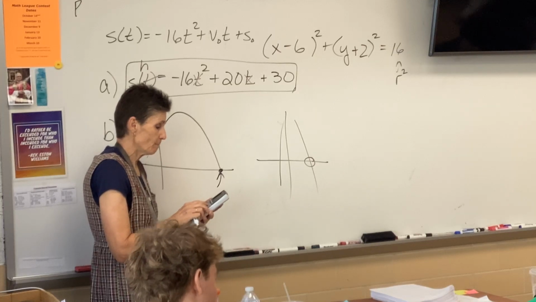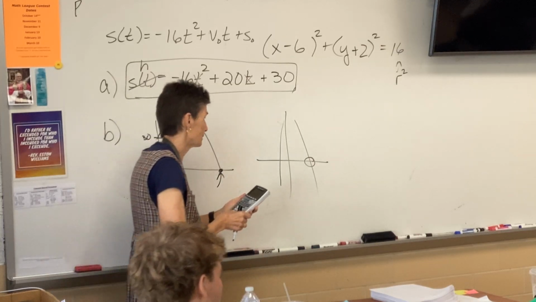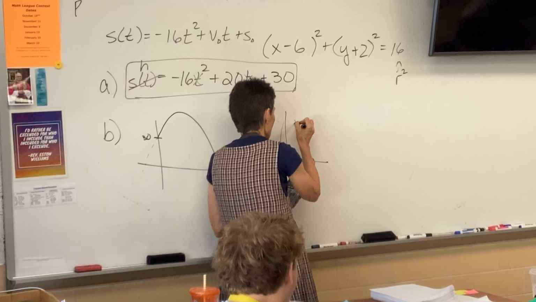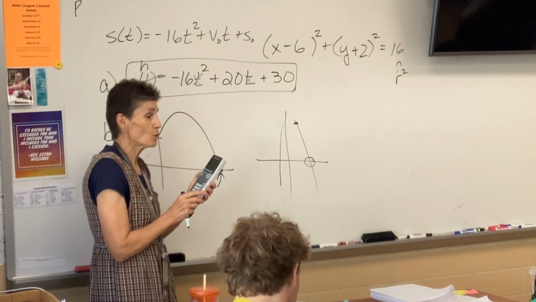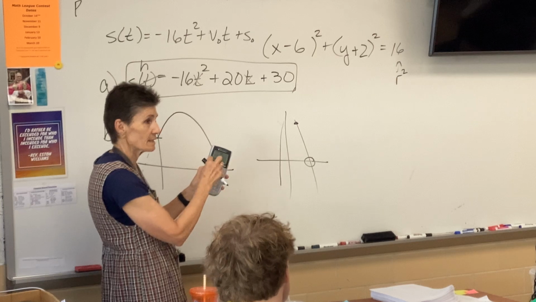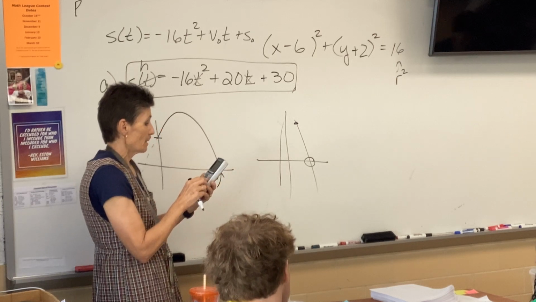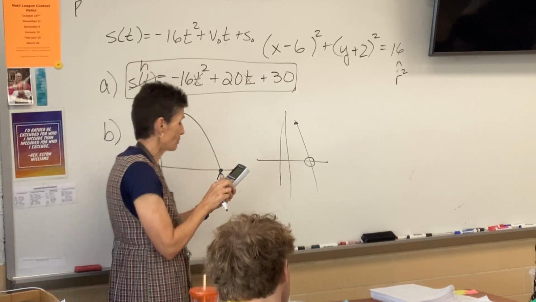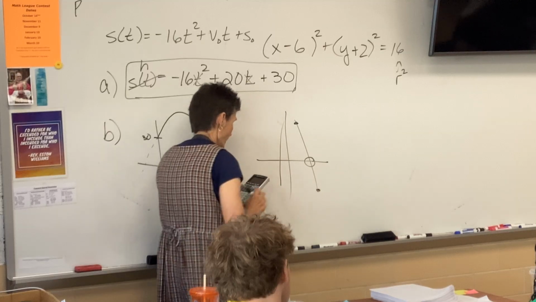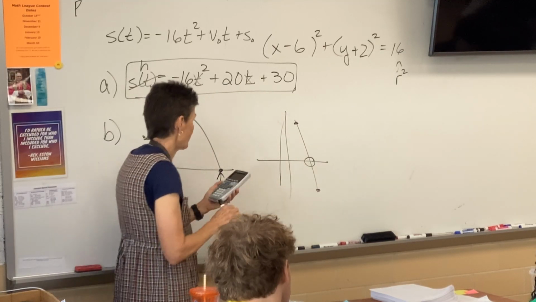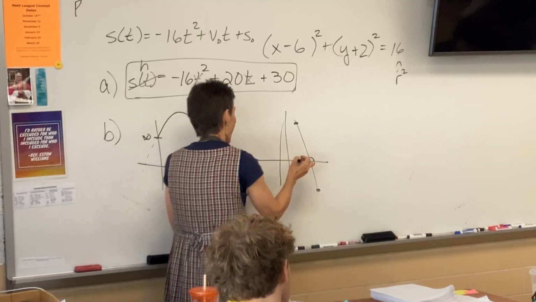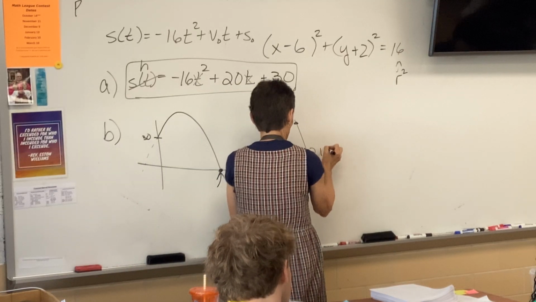And I'm going to move my cursor until it's somewhere around here. Remember, you always know where your cursor is because it tells you. And then I'm going to move my cursor so it's down here somewhere. And then I'm going to put it right in between, and I got 2.13.